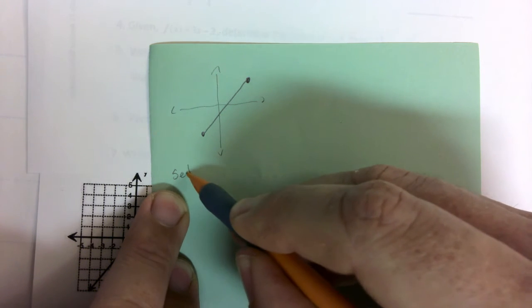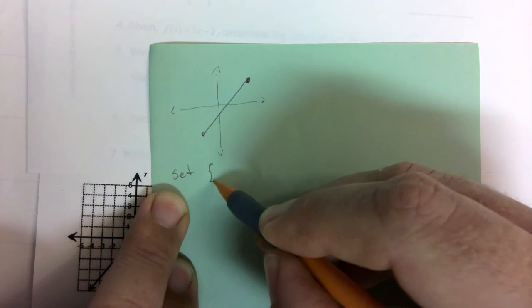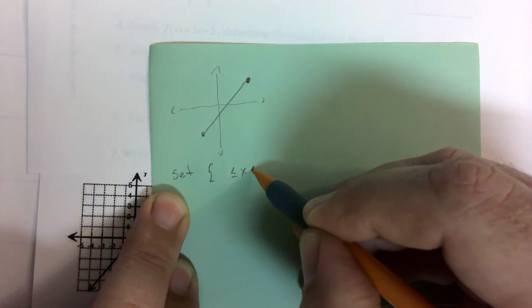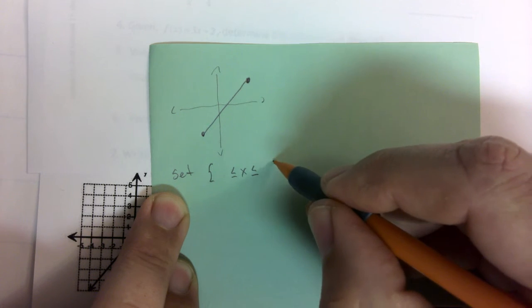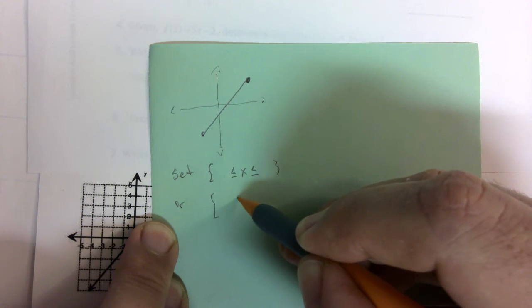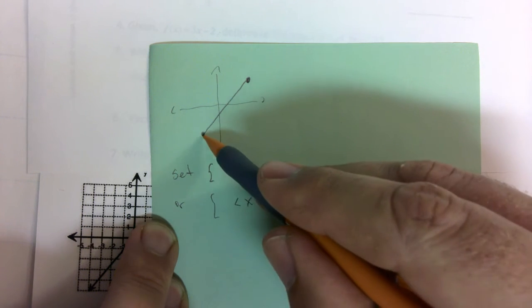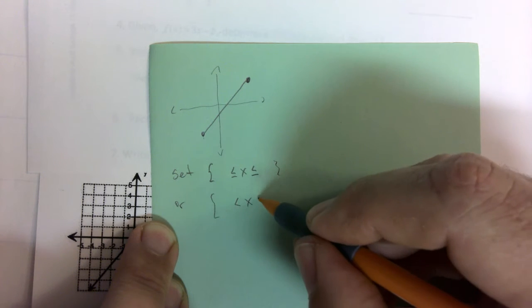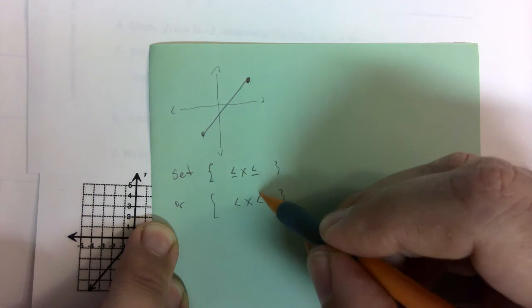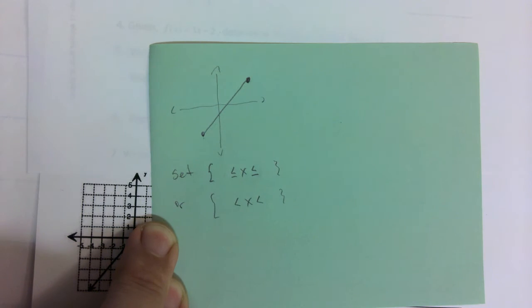If it's set notation for domain, you're going to have something like this. Or something like this. This value here is not included if it's open. It could be that the top one is not included if it's open, so then you just don't have the equal sign, okay? That's a segment, so it has a beginning and an end.